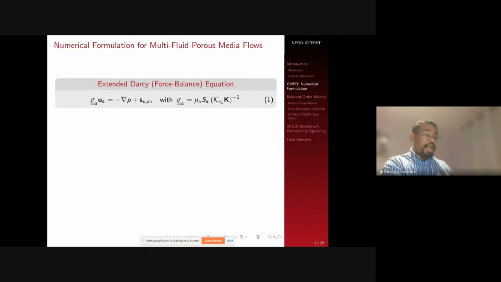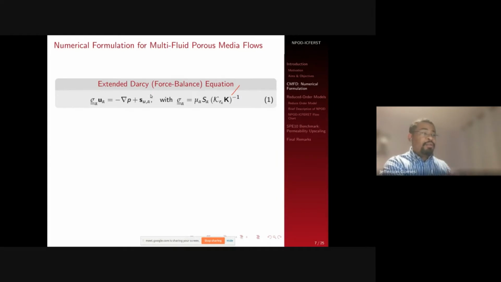So in porous media flow, there are three equations that we need to solve. The Darcy equation, that's the traditional Darcy equation in some way, in which the sigma term here is a merge between the permeability, so this K here, the relative permeability, so the ability of the fluid to go through the porous medium, saturation, and viscosity.